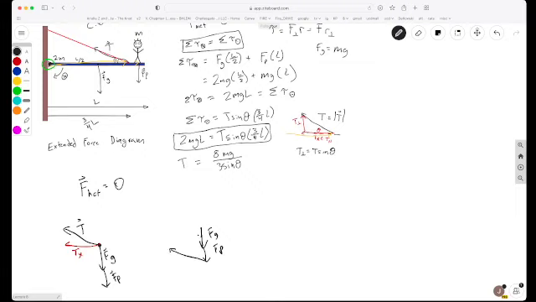So I'm just rearranging this diagram to do vector addition, and now to get from here back to 0, I must add a vector that looks like that. There's my F hinge that I'm missing.